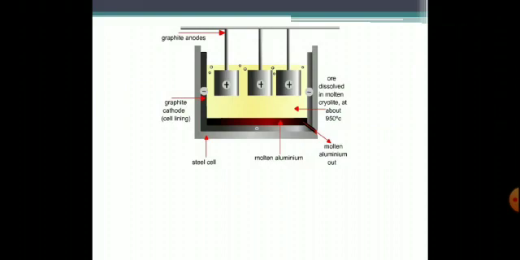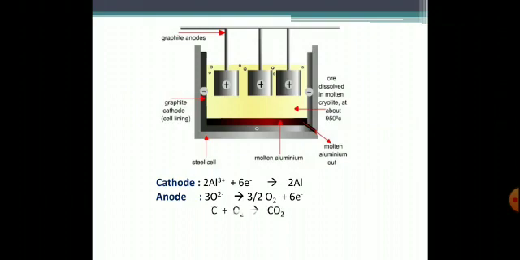When we pass electric current, the molten aluminium is obtained at the cathode. The dioxygen is released at the anode. At the anode we have carbon, so the dioxygen combines with the carbon and forms carbon dioxide.